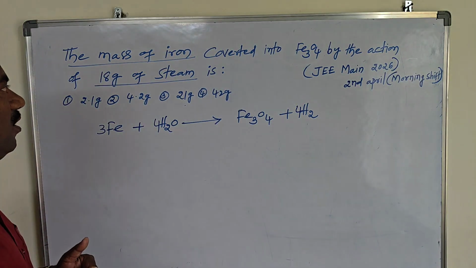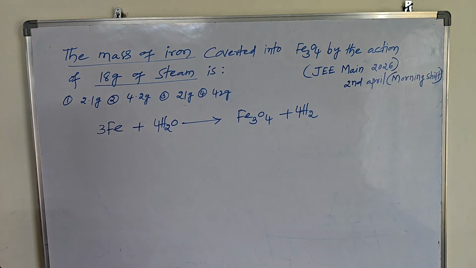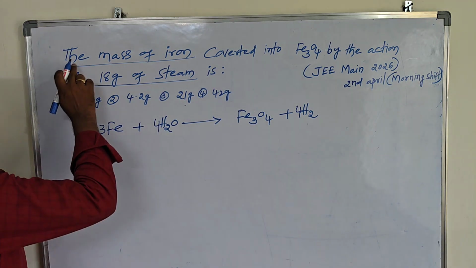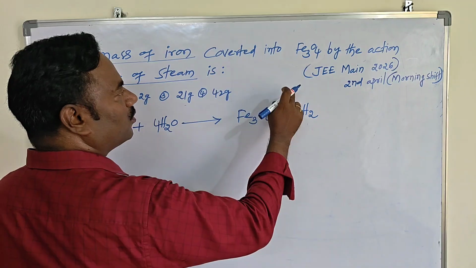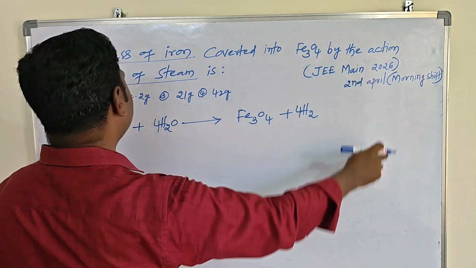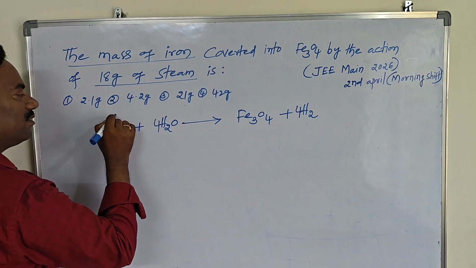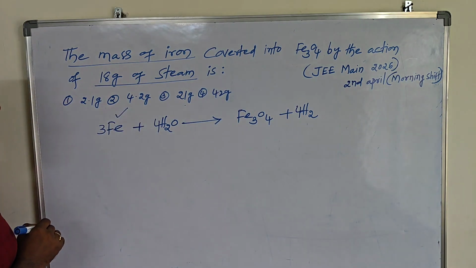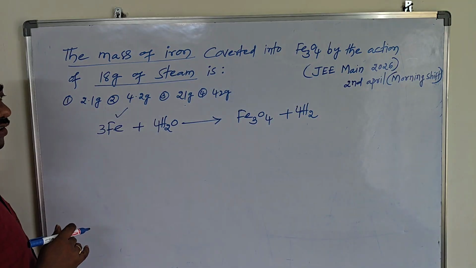Now try to understand what is given in the problem and what they are asking. The mass of iron converted into Fe3O4 by the action of 18 grams of steam. They are asking for the mass of iron. What is given is 18 grams of steam.